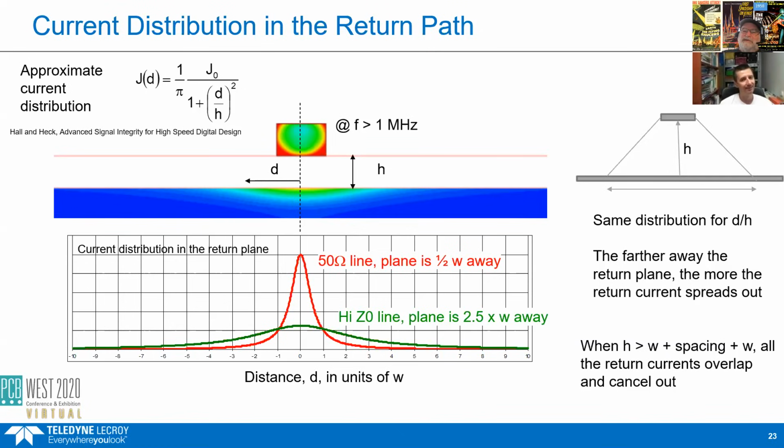Not quite. So now you're talking about crosstalk. And crosstalk is about, when I have a nice wide plane, if I had another victim line over here, crosstalk would be about electric and magnetic field coupling, or we approximate it by capacitive and inductive coupling. So there will still be crosstalk.